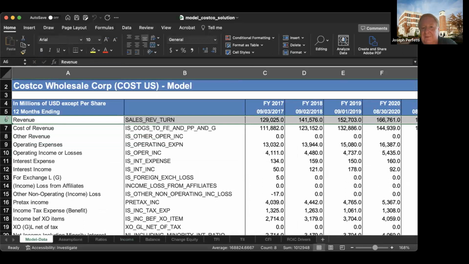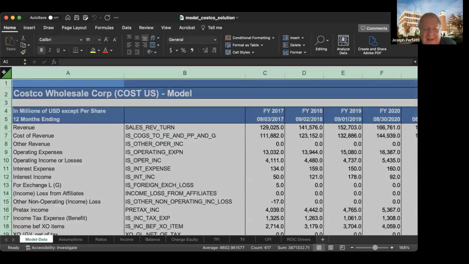And the advantage of the solution that I'm giving you is that if we had another company, Lululemon, then I would give the raw Lululemon file, I would just basically overwrite this tab with the raw data exported from Bloomberg, and then the entire model would immediately update. And it would have all the historical data mapped, including all the historical TII, TFI, CFI, and ROIC tree. So it happened instantaneously.